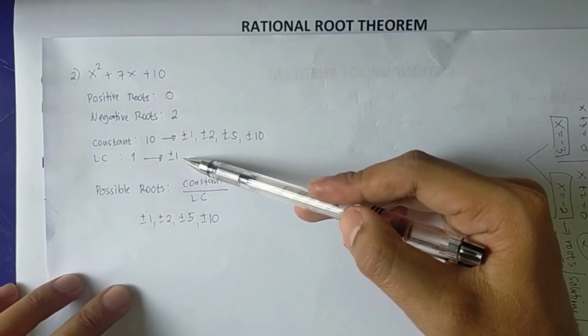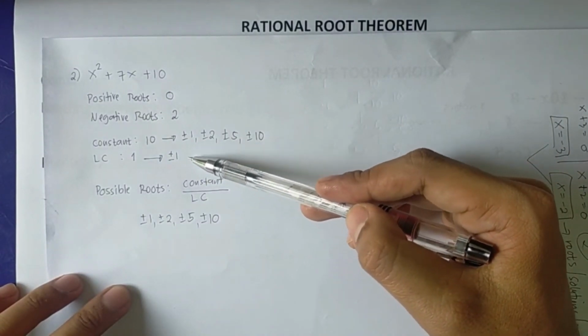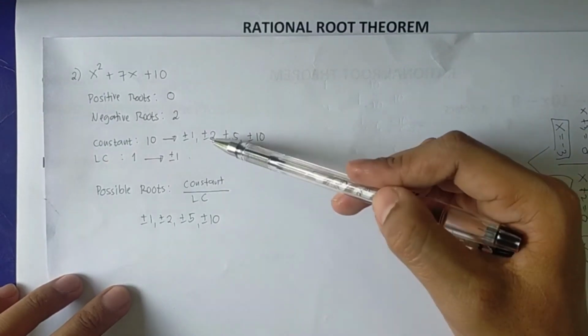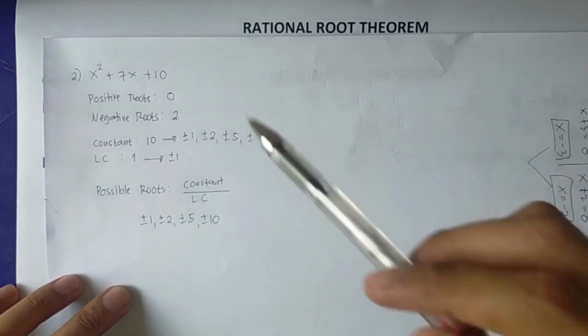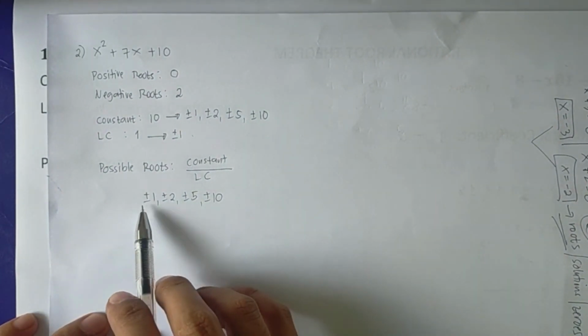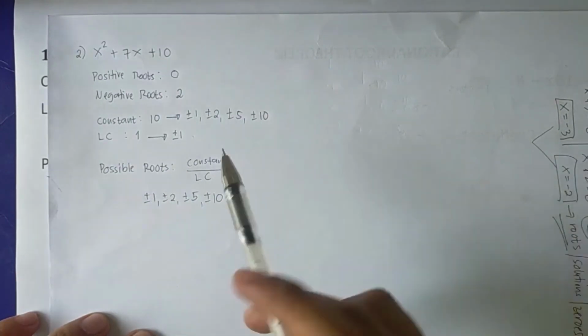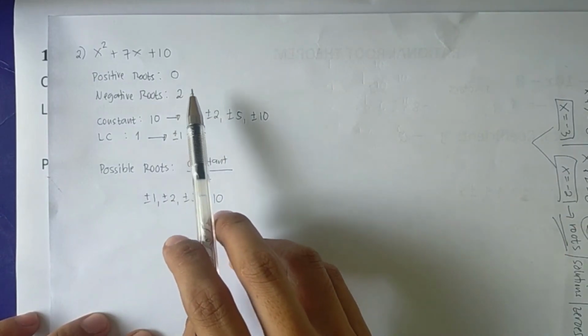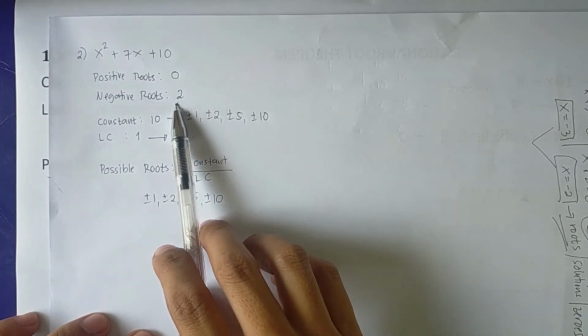If there is still a number here, like if there is 2 here, we'll just divide again. 1 divided by 2 is 1/2. 2 divided by 2 is 1. And so on and so forth. Now we have the possible roots here. So out of 8, there are only 2. But we know that those roots are all negative.